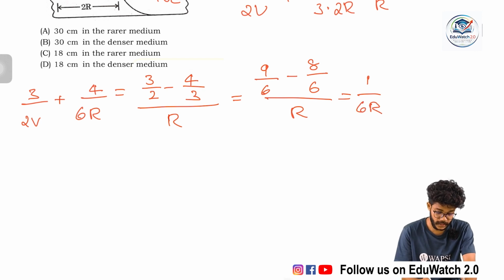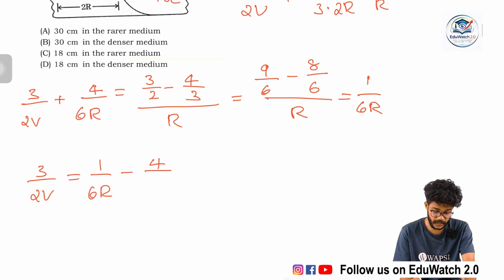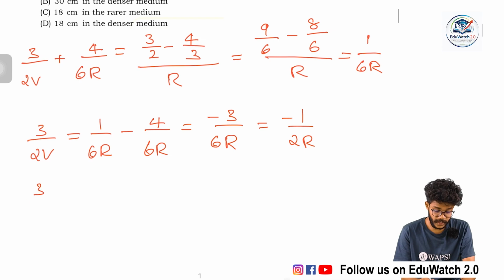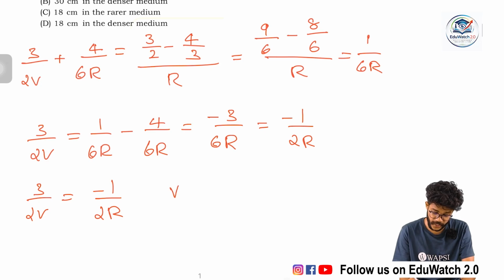Okay, so I am taking 4 by 6R to the right side: 1 by 6R minus 4 by 6R, which is equal to minus 3 by 6R, which is equal to minus 1 by 2R. Then 3 by 2v equals minus 1 by 2R. So v is equal to, the 2s can be cancelled, minus 3R.